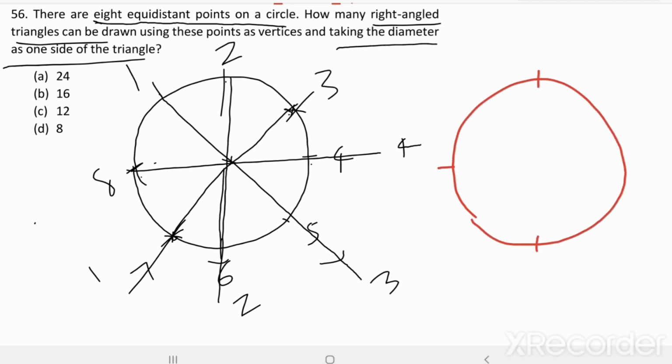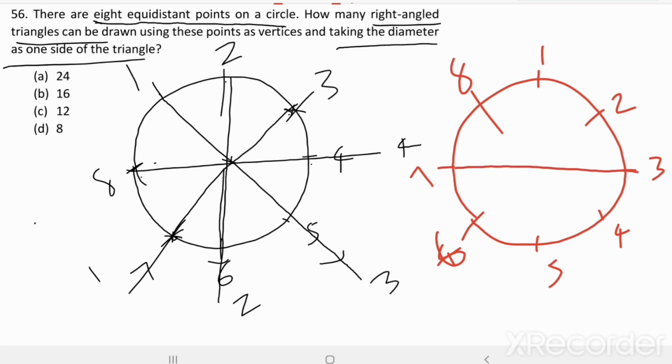1, 2, 3, 4, 5, 6, 7, 8. I am joining 7 and 3. It is a diameter. Then any triangle with the third vertex as a point on the circle gives a right-angled triangle. So this is a right-angled triangle.